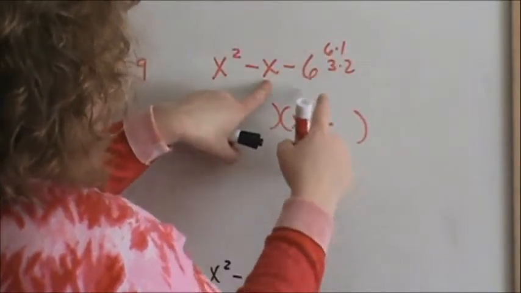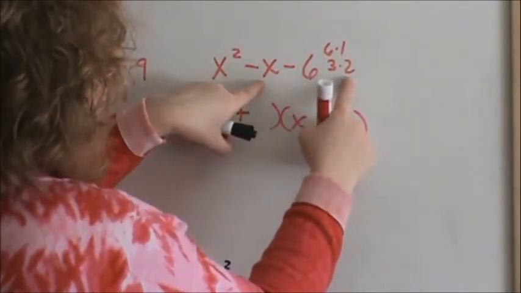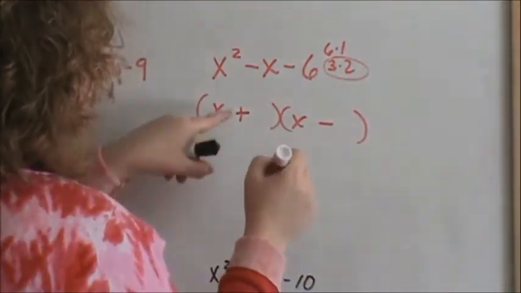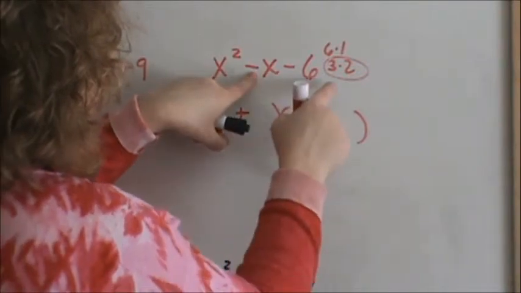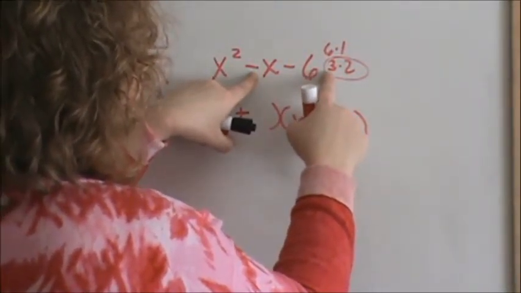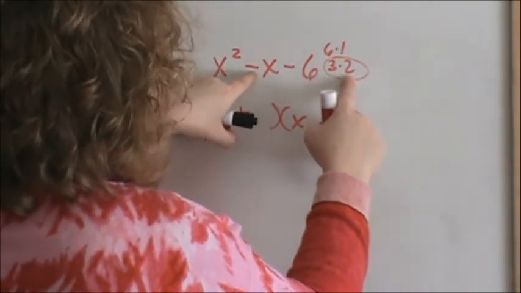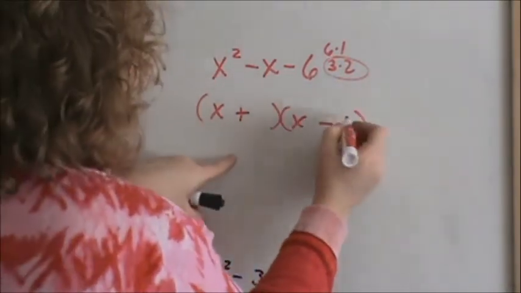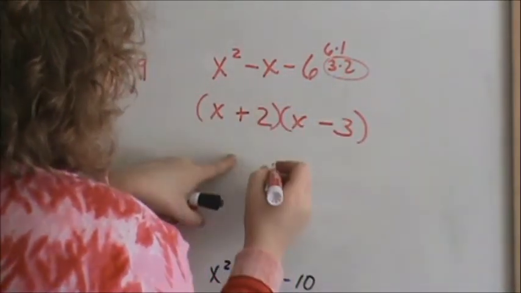That's not my middle term. Subtracting 3 and 2 gives me a 1. So that's the one that I want to use. I want to use that set of factors. But this needs to be a negative, which tells me my larger number needs to take on the negative sign. A negative 3 and a positive 2 gives me a negative 1. Okay? So let's make our 3 negative and our 2 positive.